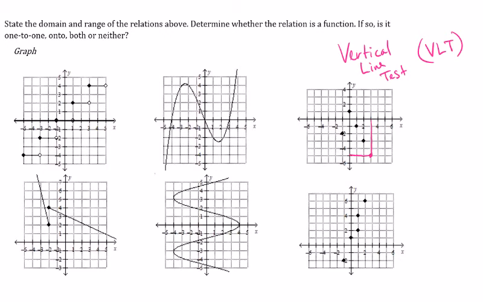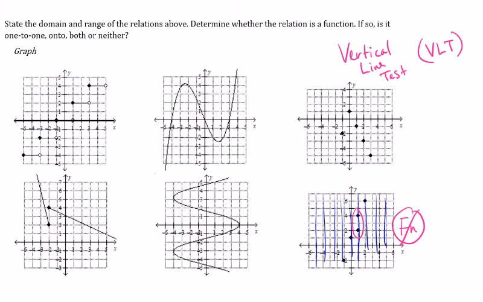You just basically visualize, if you draw a vertical line anywhere, is there any line that's going to cross through more than one point? And when you find that value, that means it's not a function, okay? All right, so like this one does pass the vertical line test, right? There's no vertical line that's going to go through more than one point anywhere along here, right?